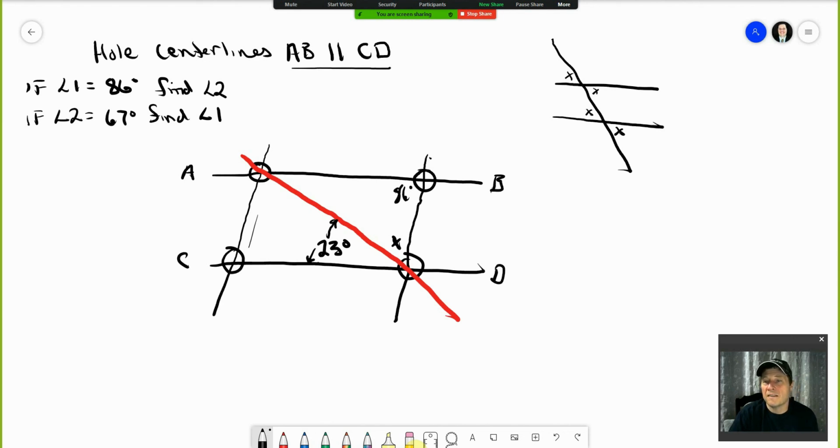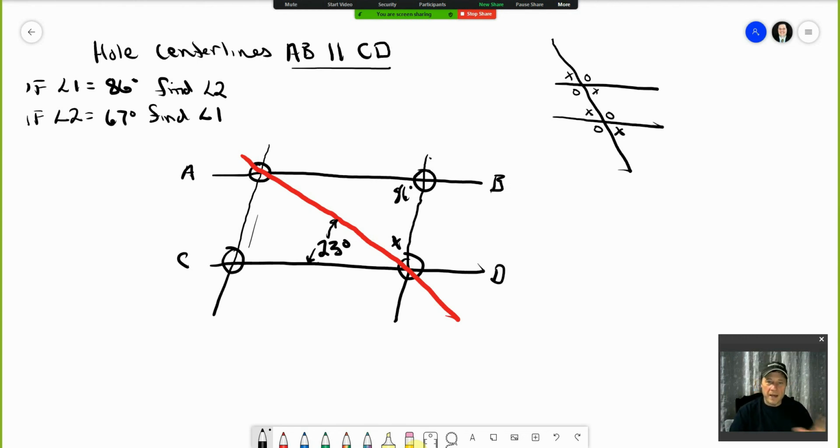Because if I take this line, because it's parallel to this one, if I pick it up and drop it on top of this, they will be in the exact same place, right? So therefore, this angle and this angle would have to be the same as these 2 angles. And that means that this angle and this angle, this angle and this angle are also all the same.